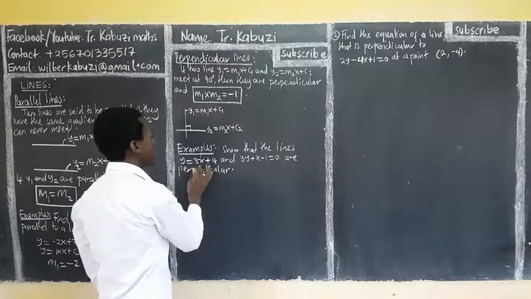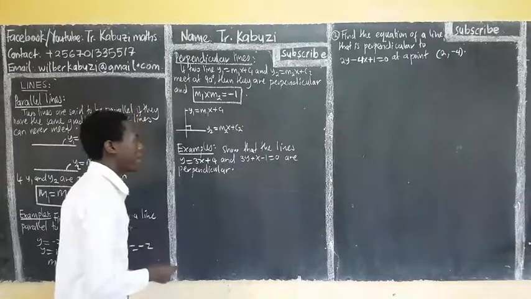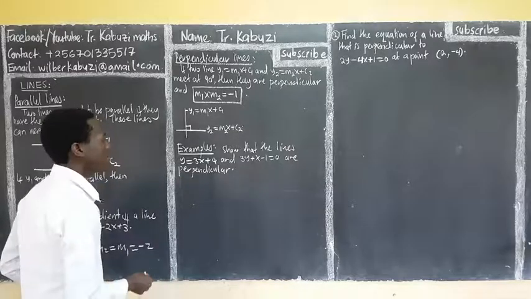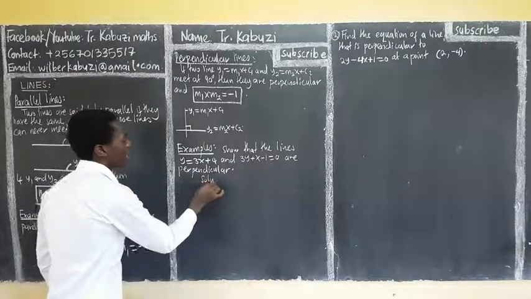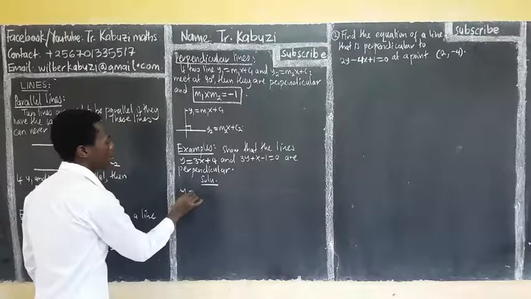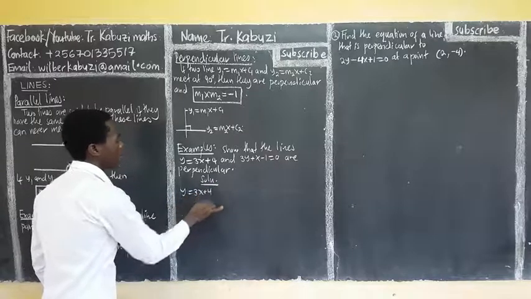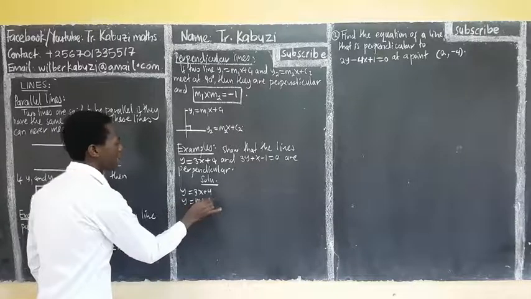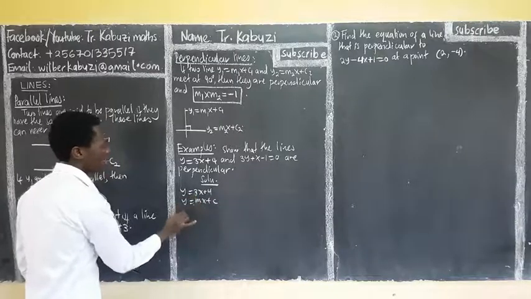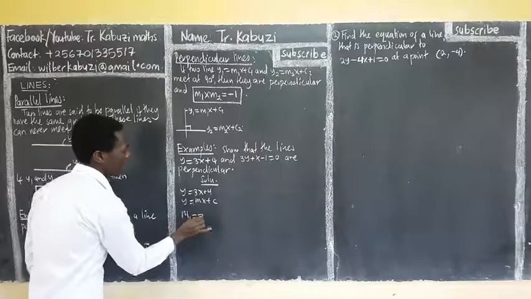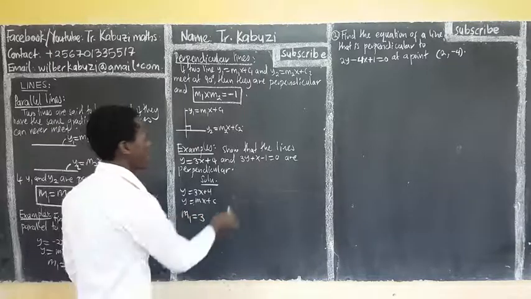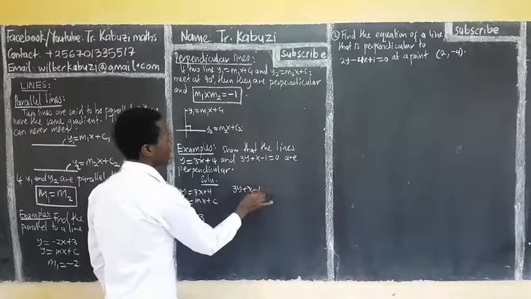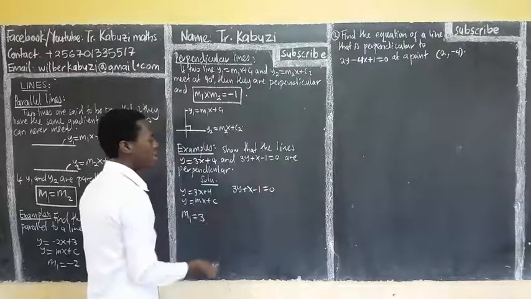Let us see this. Show that the lines this and this are perpendicular. What we need to show is that the product of their gradients is negative 1. So can you get their gradients? So the solution for the first one, y equals 3x plus 4. You see them here, if I compare with mx plus c, the gradient m1 is 3. When I come to the other line, you see 3y plus x minus 1 equal to 0. I first rearrange this.